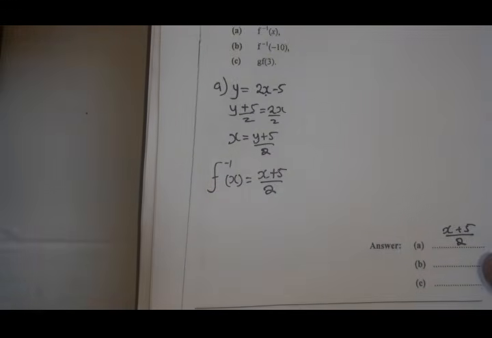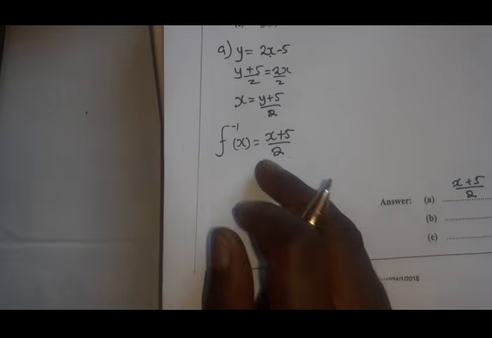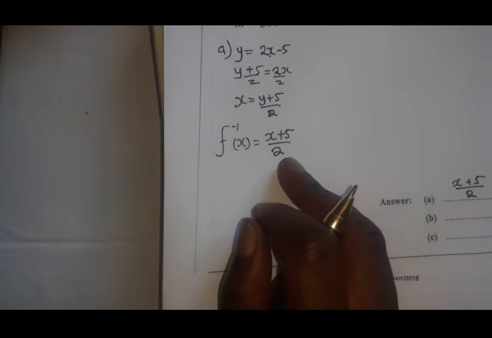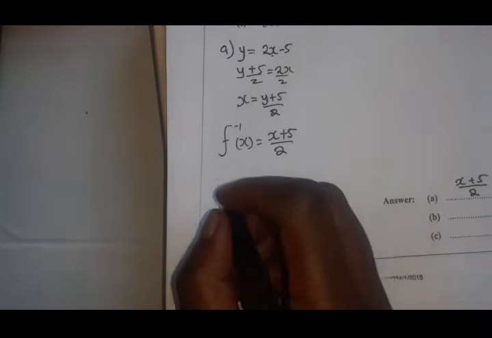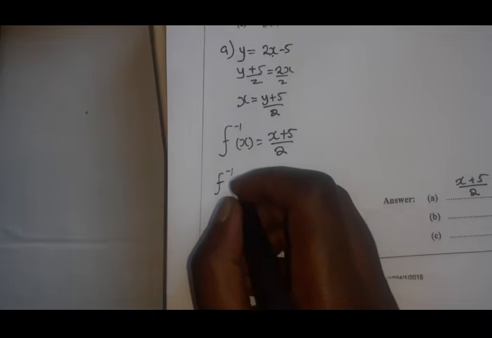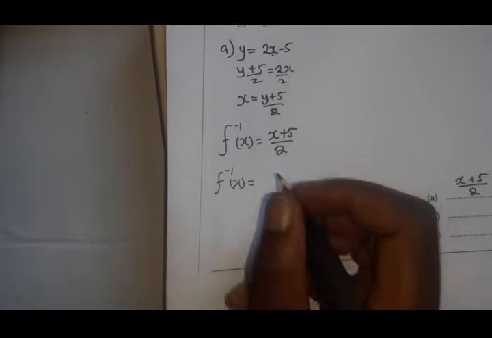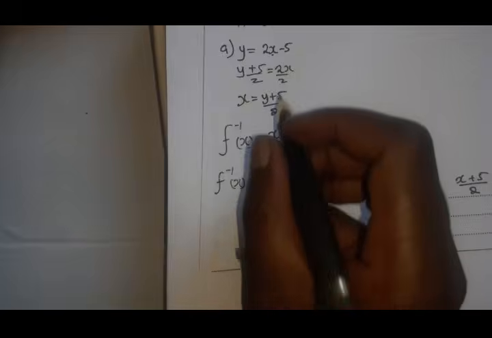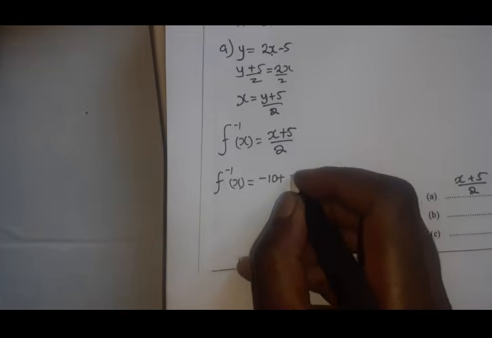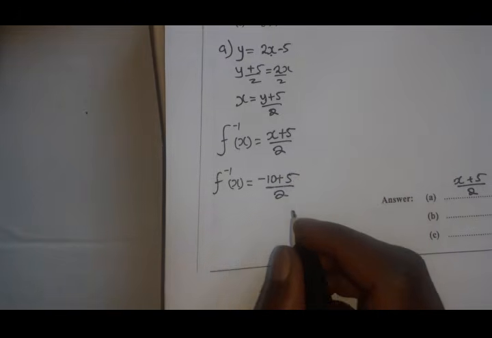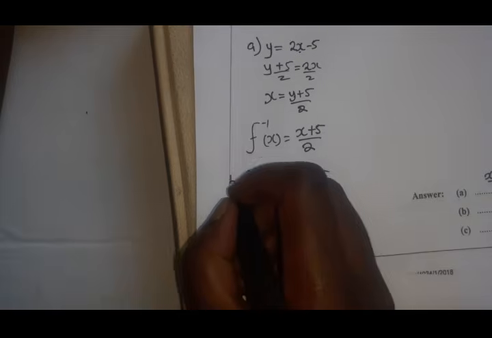Okay. Then now, in this same one, in the inverse, where there is x here, we need to put negative 10. So we're going to put (negative 10 plus 5) over 2, and this is going to be our (b).